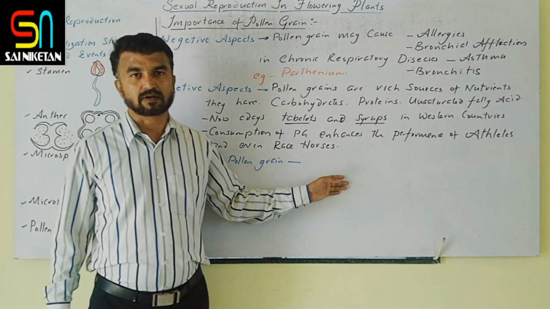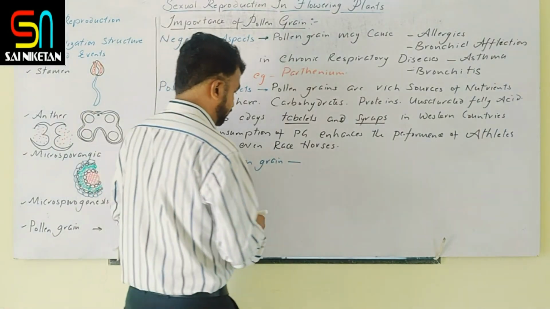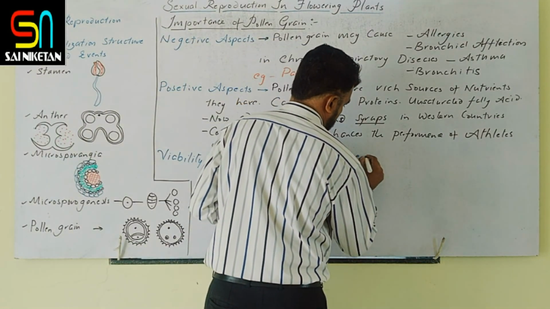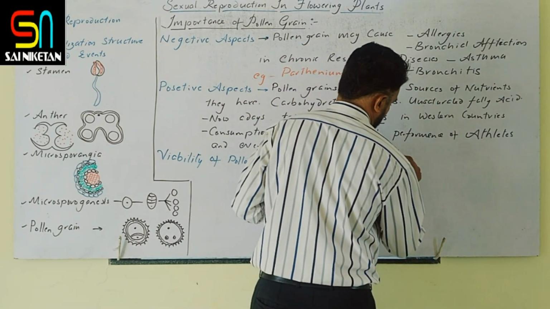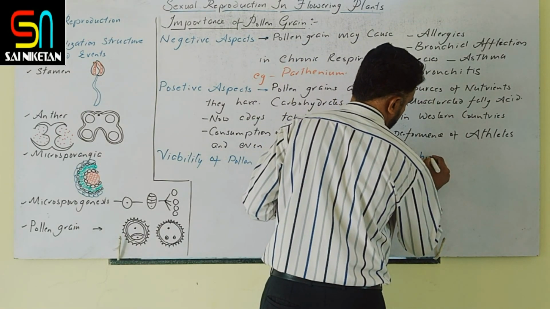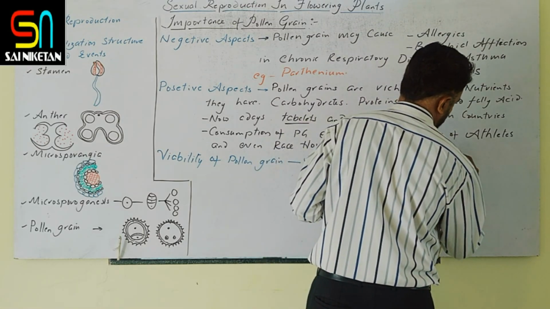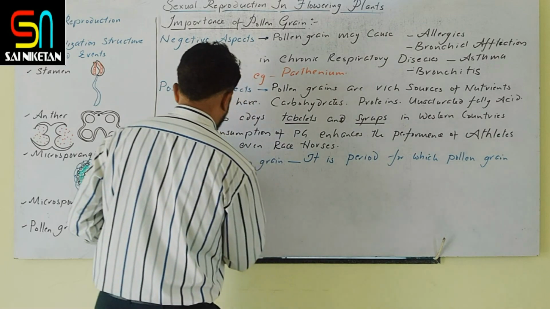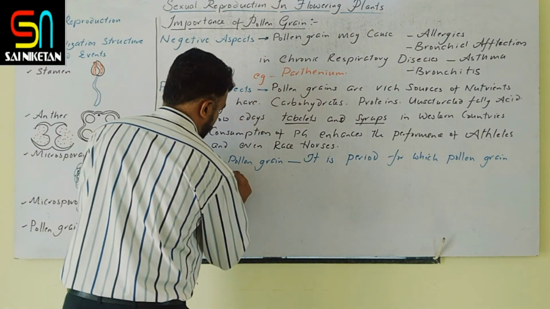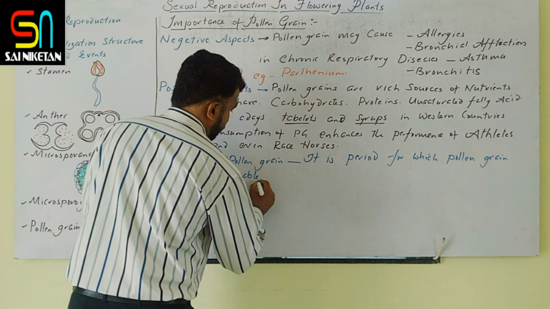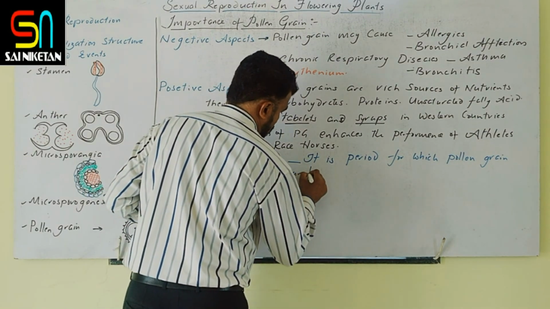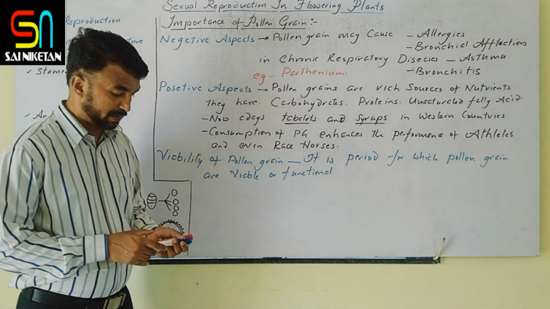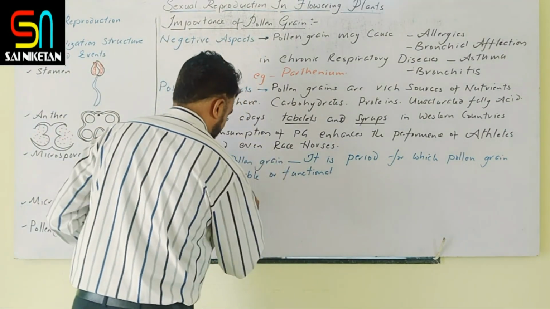So viability of pollen grain means the period for which pollen grains are viable or functional. Some examples are given in the textbook.